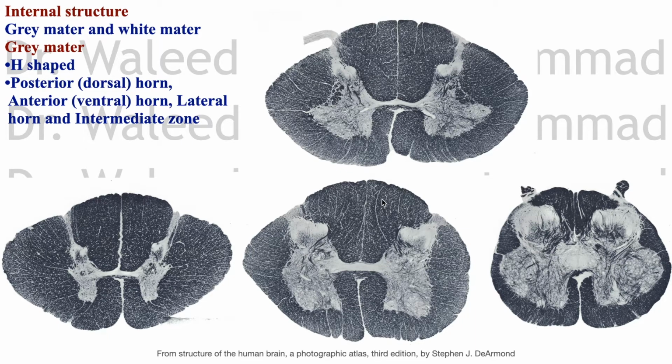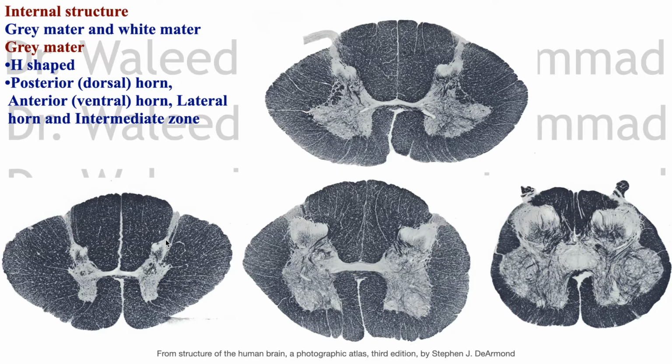You can estimate the region of the spinal cord. In the cervical region, the white matter is in a big ratio to the gray matter, and the gray matter forms a shelf here at the ventral horn. It's called shelving. So that's how you distinguish a cervical region.